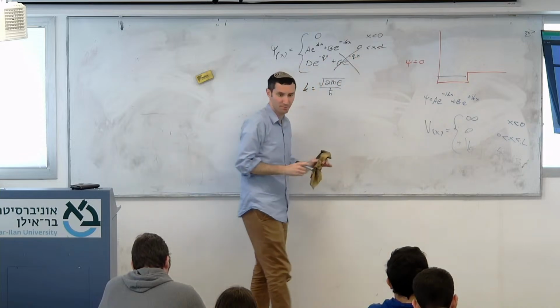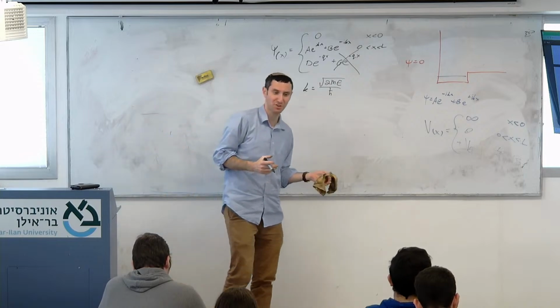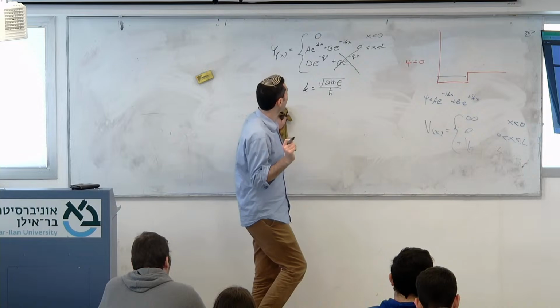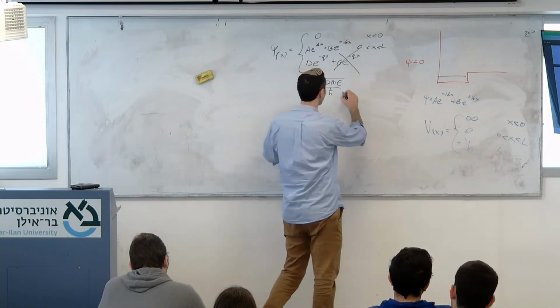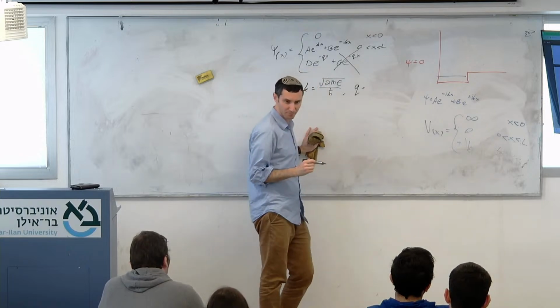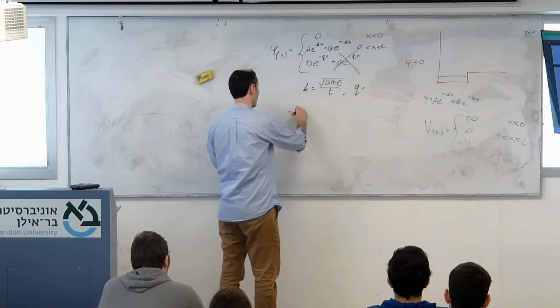This G should be 0, because otherwise the wave function is not normalizable. And what would be q? It's the square root.